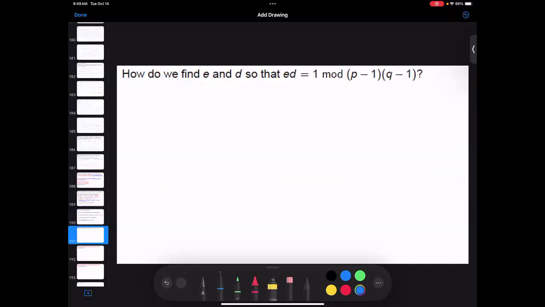So does anybody have any thoughts about what we might have seen that might be useful in finding e and d so that e times d is 1 mod (p minus 1)(q minus 1)? Anything you've seen very recently?